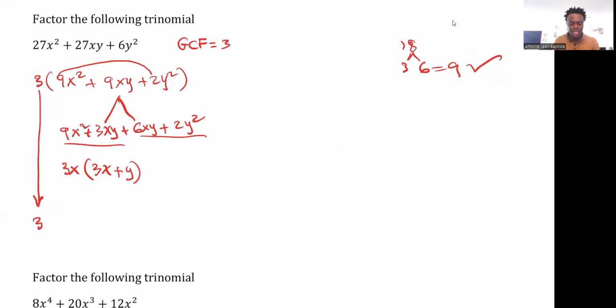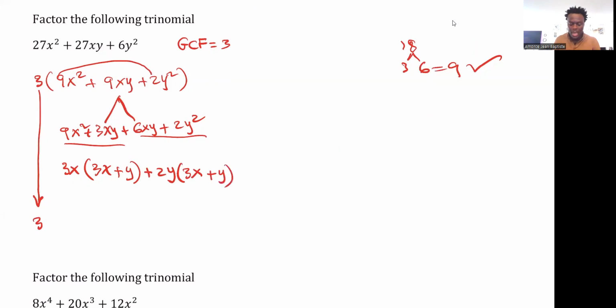What's the GCF of the second group? There is a 2, plus a y as well. And then inside the parentheses, what do you multiply by 2y to get 6xy? That's going to be 3x. What do you multiply by 2y to get 2y squared? You need a y.